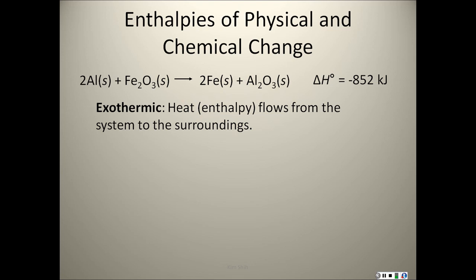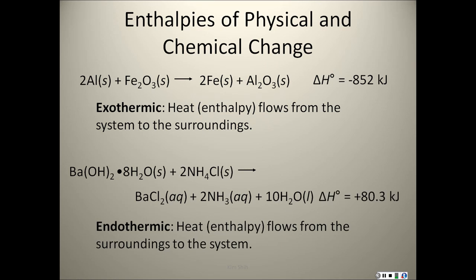So if it's exothermic, heat is given off, and we would think of heat being on the product side over here. So this particular exothermic reaction means that heat is going from the system into the surroundings. It's being given off, exothermic.